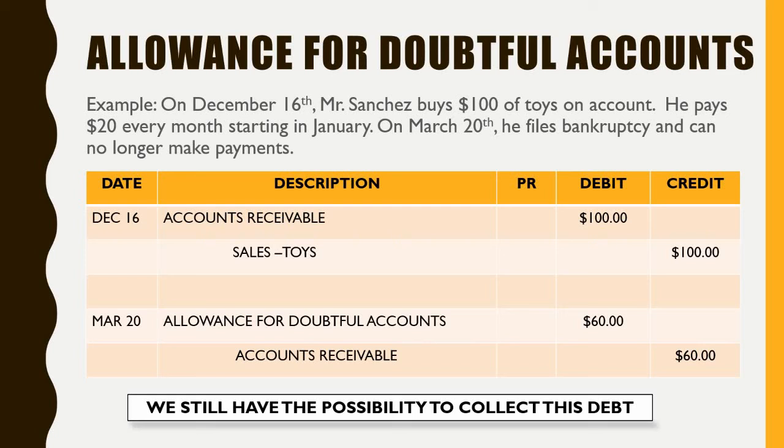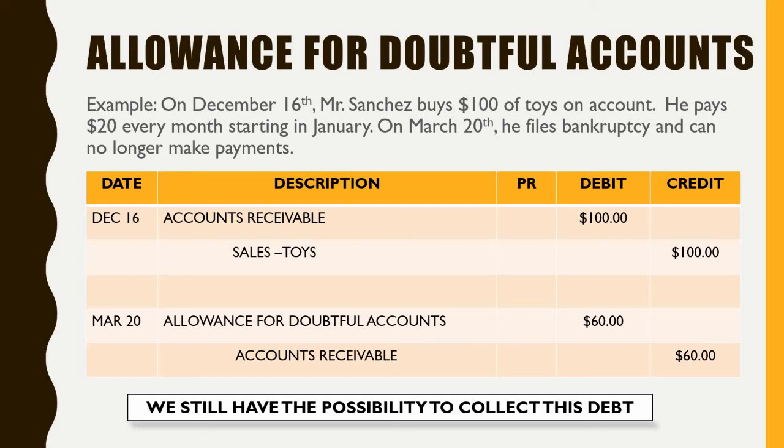And then all of a sudden, in March, he files for bankruptcy, and a debt collector calls us and says, hey, Mr. Sanchez is no longer able to pay the debt that he owes you. So you're going to make the executive decision. He owed us $100 in the very beginning.